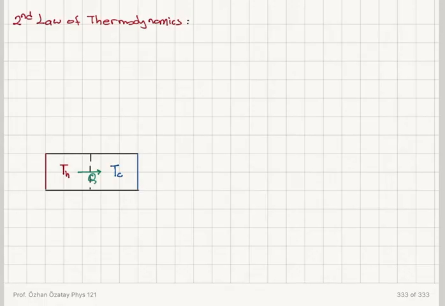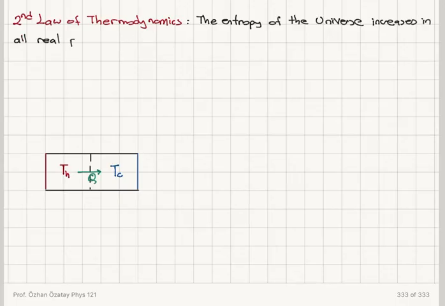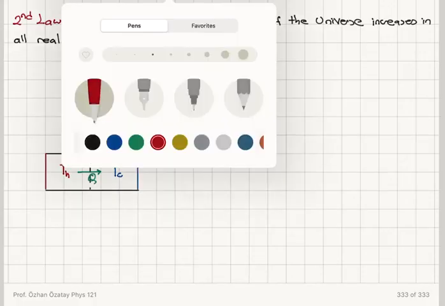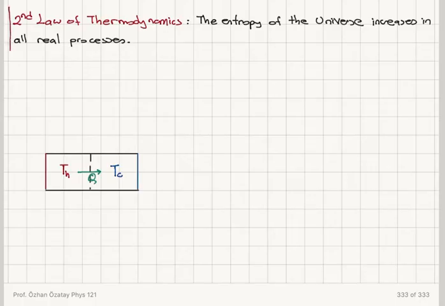The entropy of the universe increases in all real processes. So this is another statement of the second law of thermodynamics.